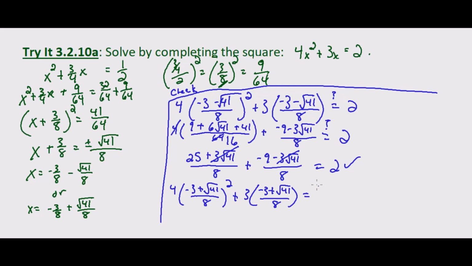That equals 4 times, it's going to be 9 minus 6 times the square root of 41 plus 41, all over 64, plus 3 times negative 3 is negative 9 plus 3 times the square root of 41 over 8.